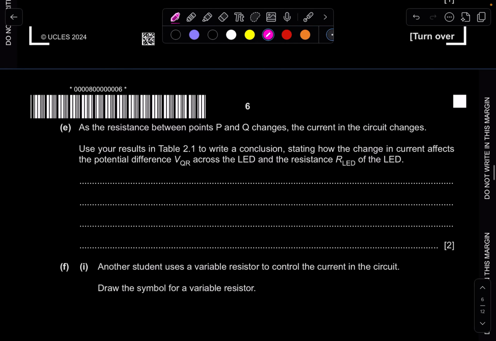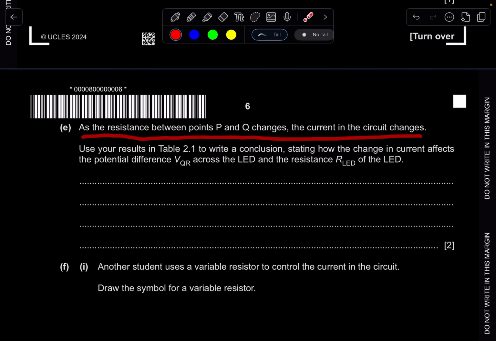In the E part, what they're asking us is, as the resistor between P and Q changes, the current in the circuit changes. Use your result in table 2.1 to write down the result stating how the change in the current affects the potential difference across the LED and resistance R of the LED.